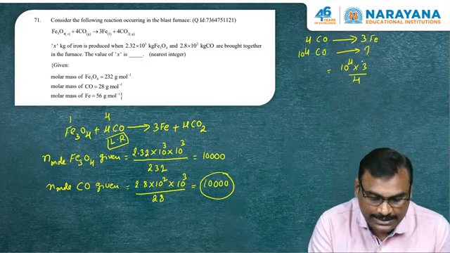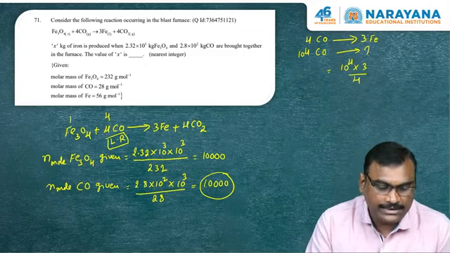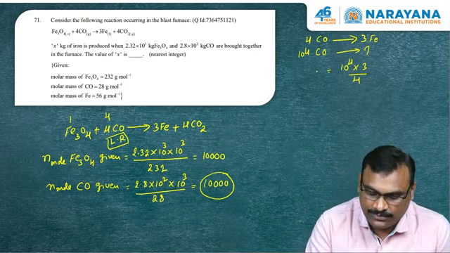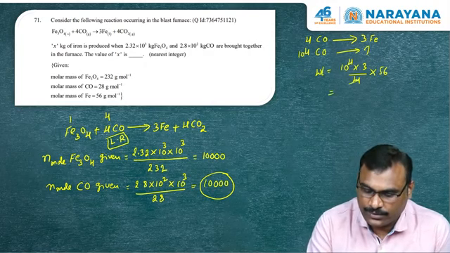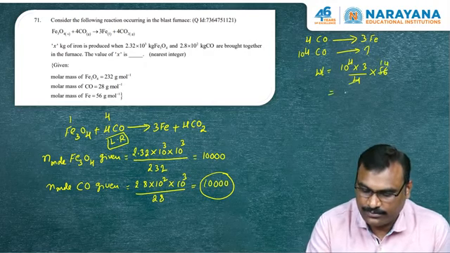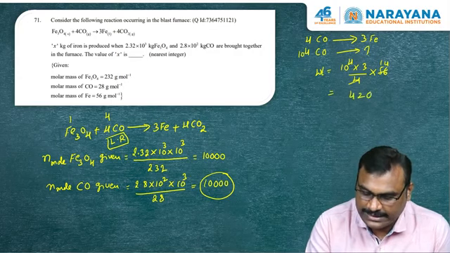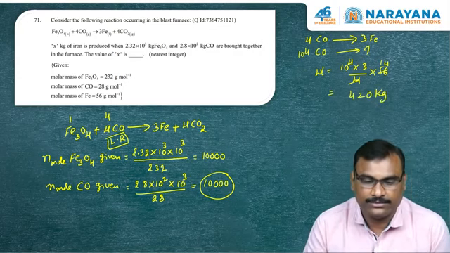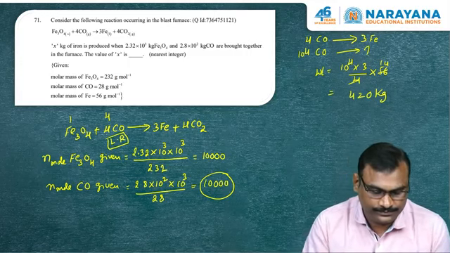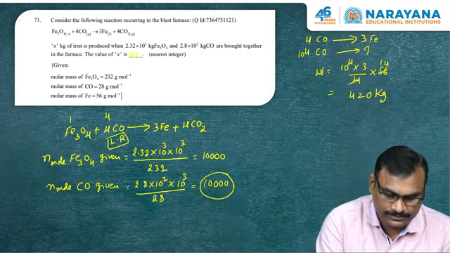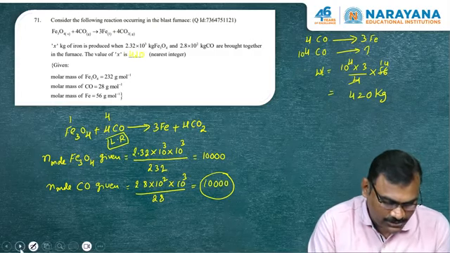But the question asked is in kg, that means weight of iron. I am multiplying with 56. After doing so, in kgs is 420 kg. It should be that 420 kg is the answer. Now go for the next question.